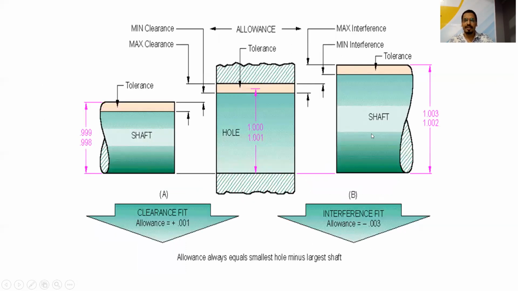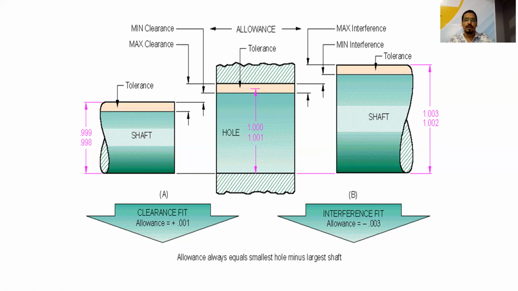Next, this is the diagram which is showing you the physical representation of clearance and interference fit. This is a shaft and this is the lower limit of the shaft, that is 0.998, and this is the upper limit of the shaft, this is 0.999, and this is the shaft which is having the upper diameter 1.003 and the lower diameter 1.002, and this is the hole, and the upper value of the hole is 1.001 and the lower value is 1.000.